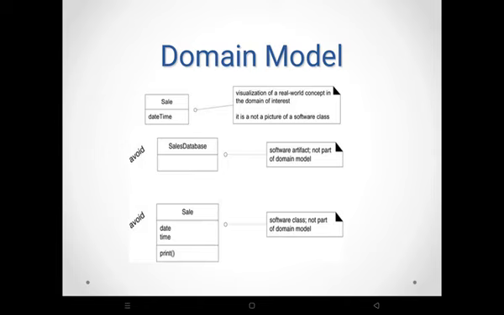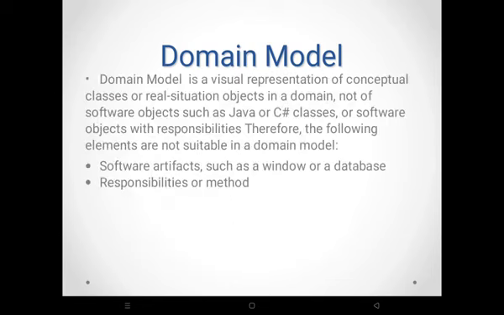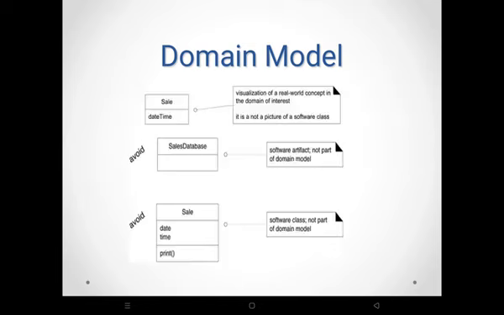The second, you should not use any database. Database is not a part of the domain model. We already discussed what elements are not suitable for a domain model: the database and the responsibilities or methods. See here, sale database, you should avoid. It is not a part of the domain model.